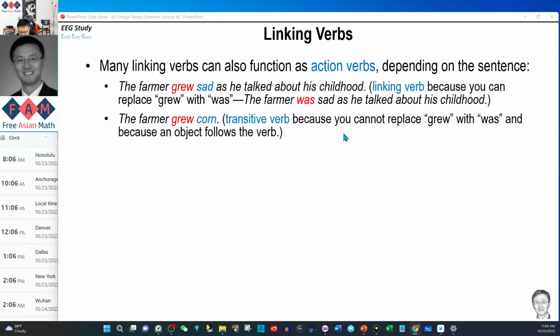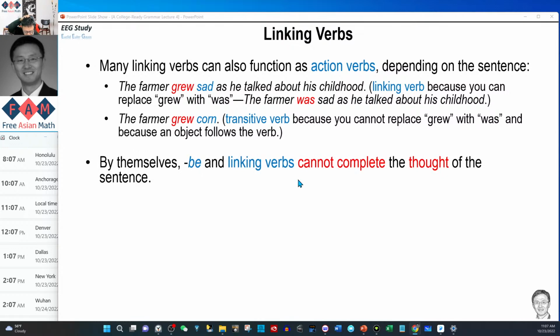Okay? Apparently, if you replace grew with was, that would be ridiculous. The farmer was a corn. That would be just ridiculous. So here we have an action verb instead of a linking verb.